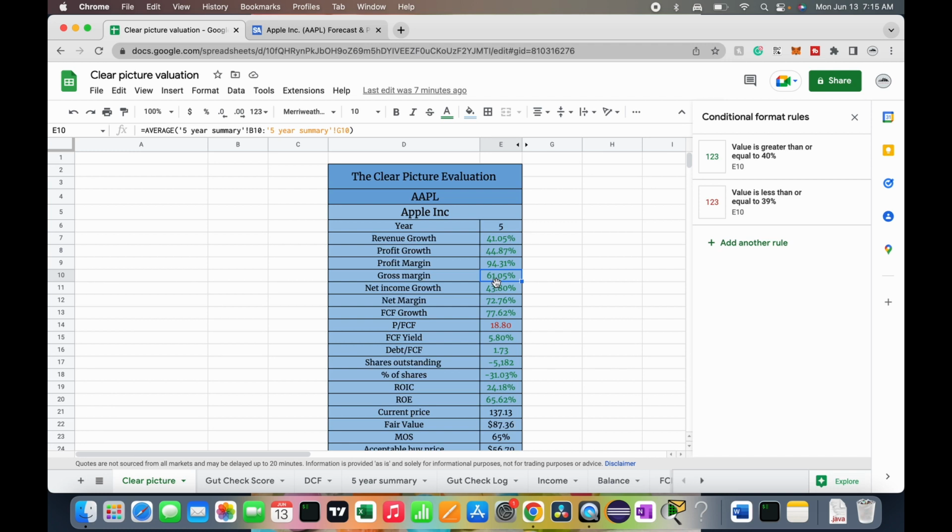If it's less than 40, that's pretty worrisome. Net margin has to be over 20. You consider that a good margin, and less than 20 is pretty bad. Free cash flow has to be over 0.